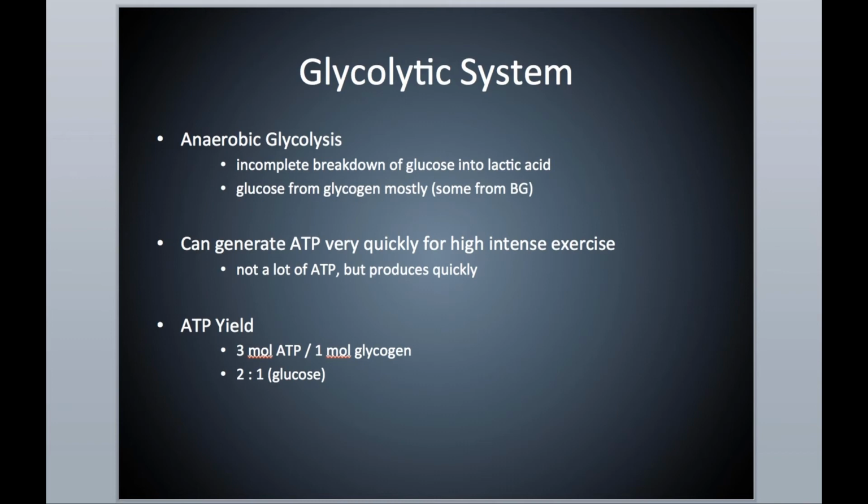Now, we can generate the ATP really quickly, and we can produce quite a bit of it, relatively speaking, but it's not a huge, massive amount. This is for high intensity exercise. Basically, starting off at about 25 to 30 seconds up to about 3 minutes is where this system is going to provide much of the ATP that's necessary.